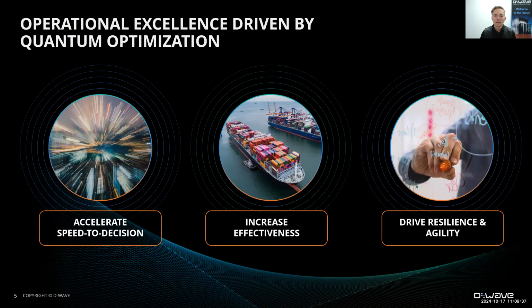If you consider, let's say, the flow of material through a port, increasing efficiency might be about maximizing the flow of the material. But in order to be effective in real-world scenarios, you have to be able to maximize that flow in a context where you have unexpected events or changes in plans. So you have to be able to adapt and adjust, and that's really about driving resilience and agility.